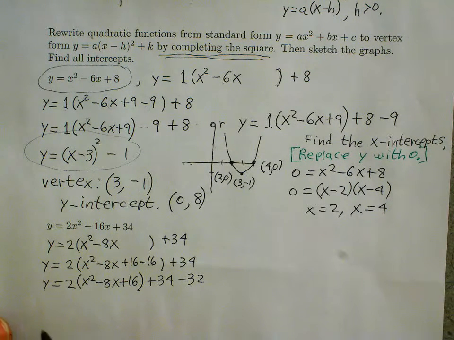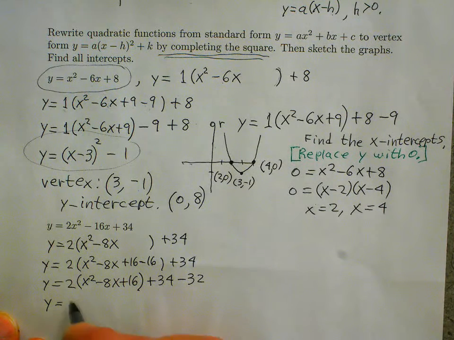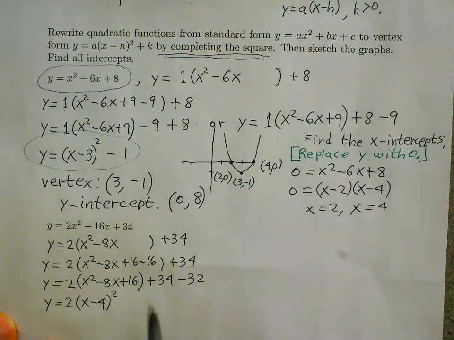And then the next step is we can write the vertex form. So we have 2 times a binomial squared. x squared minus 8x plus 16 is equal to the binomial x minus 4 squared. And then on the outside of the parentheses, plus 34 minus 32 is plus 2.